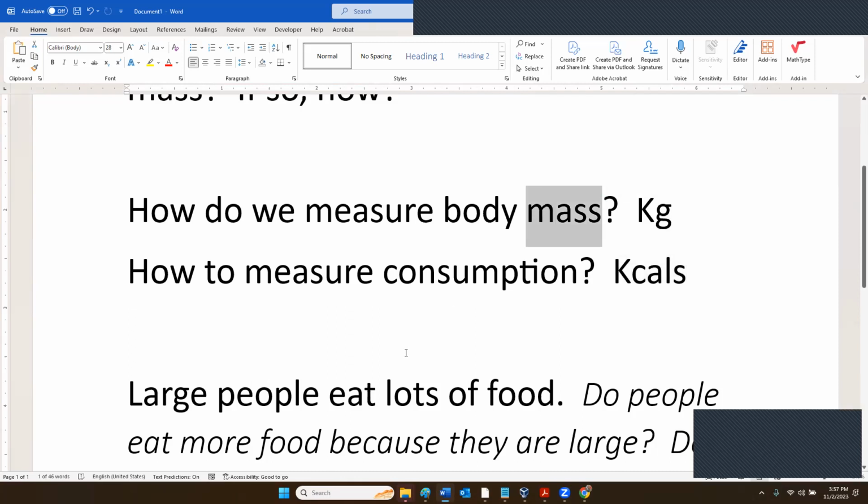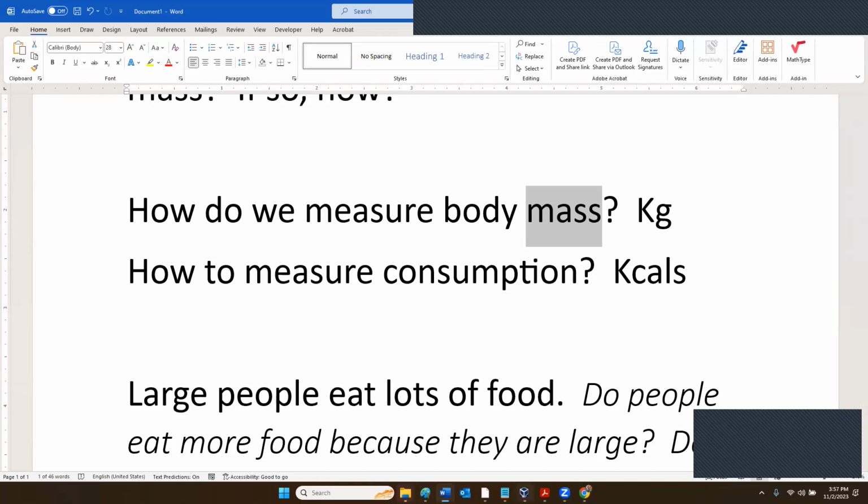Do you understand what I'm saying about how we design? You can design the experiment in different ways, right? So I can select different individuals based on body mass. I can vary what I'm studying based on the body mass, or I can vary what I'm studying based on the food consumption. But the important thing for you to understand is your determinations.